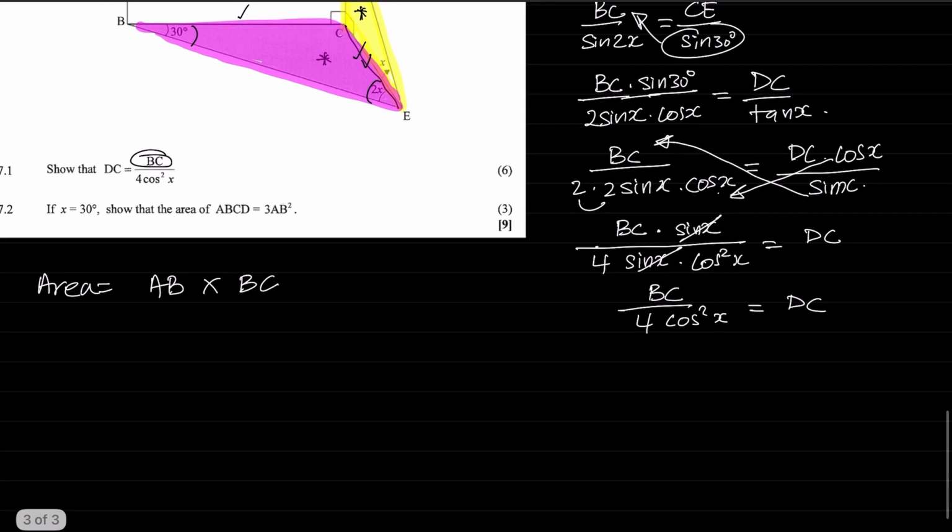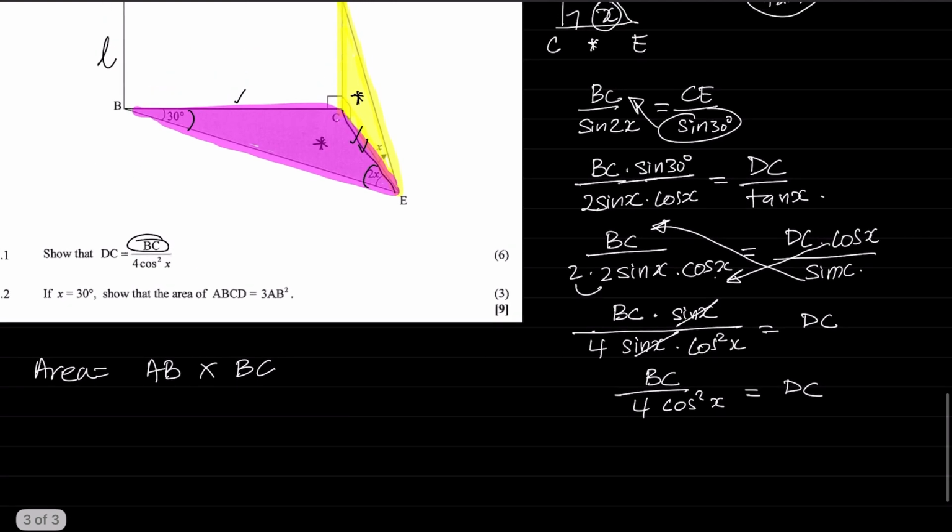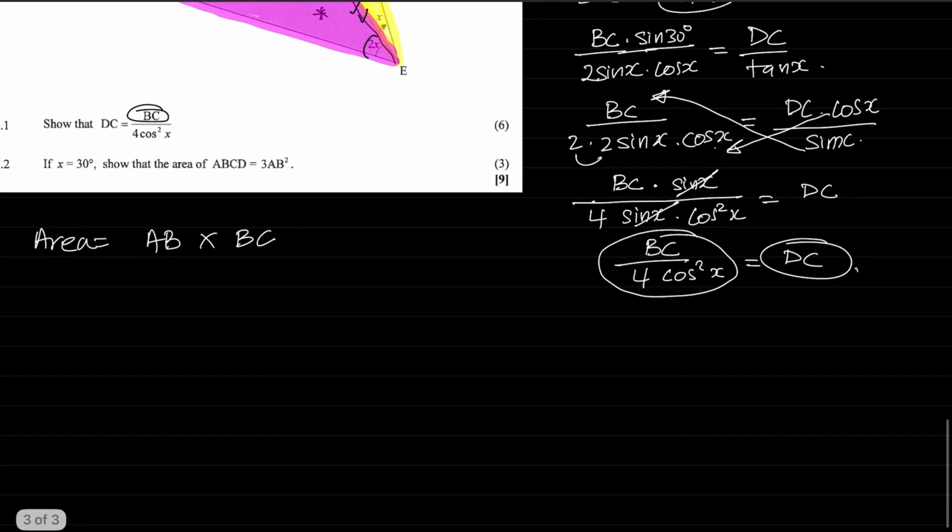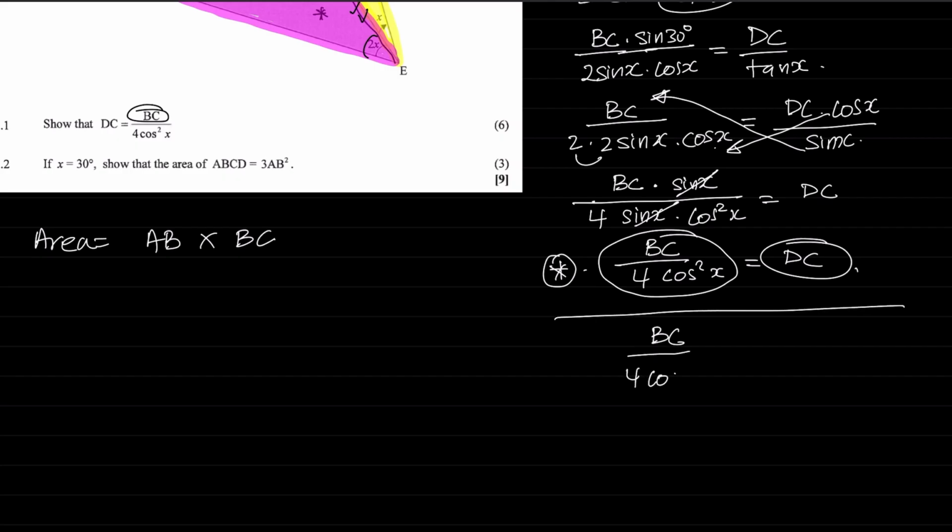Now they tell us that x is equal to 30 degrees. Now what we can do is, we can actually work out what DC is in terms of BC. Yeah, let's do that. So we can substitute here, using this, because we just did this. So we can say that BC divided by 4 cos squared 30 is equal to DC.